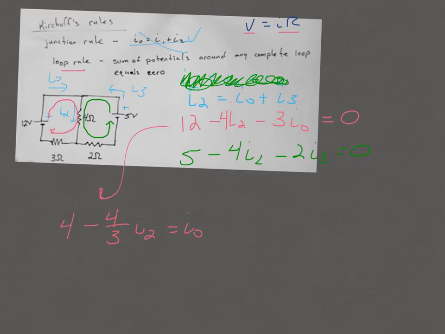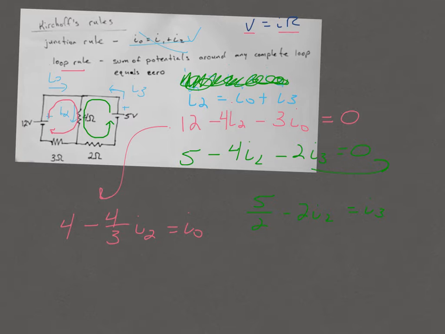Then I'm going to do the green equation, and I'm solving for I3, so I'm going to have 5 over 2 minus 2I2 equals I3. Again, just moving the 2I3 over and dividing by 2.